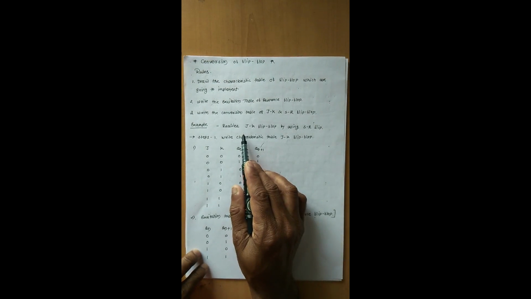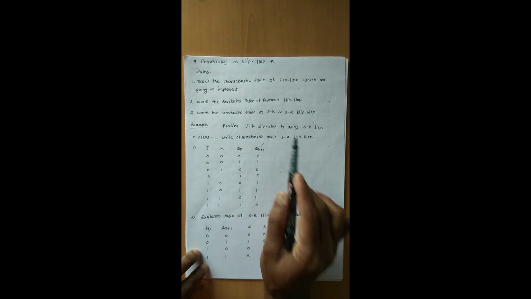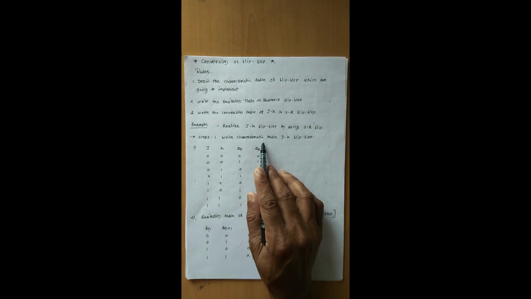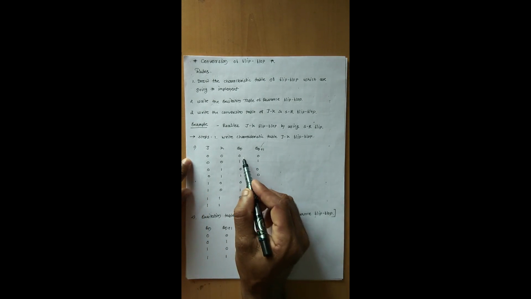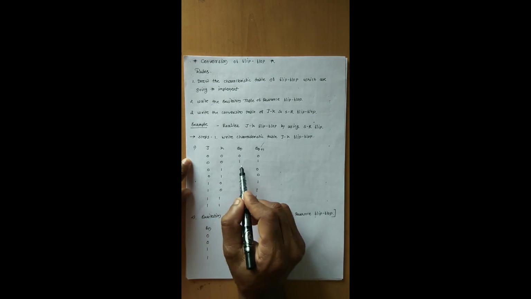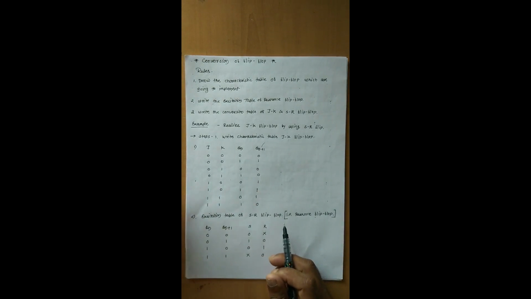Then what are the steps? Again, understand the question. We want to implement the JK flip-flop, and the resource flip-flop is SR. So first write the characteristic table of the JK flip-flop, which we studied in the working operation of the JK flip-flop. I am not going to explain it once again.